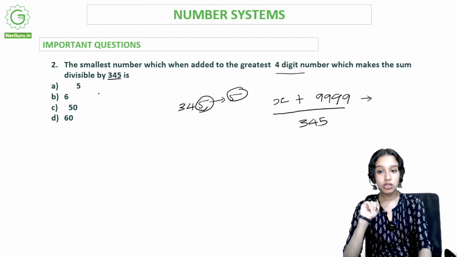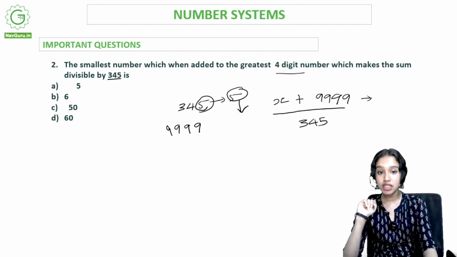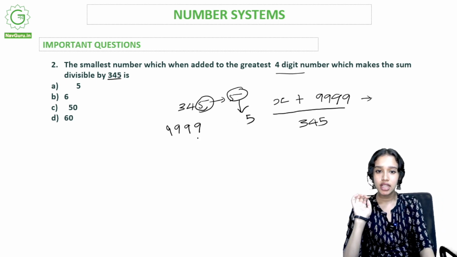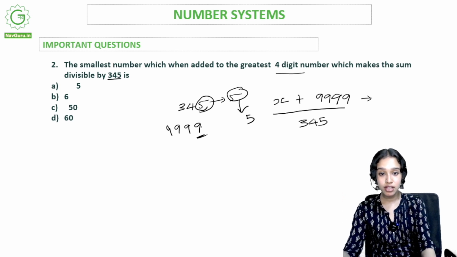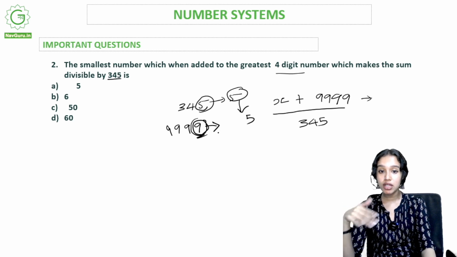So if a number is divisible by 345, it also means that it should be divisible by 5. So what are we going to do? We have 9999, and what is the property for a number to be divisible by 5? The last digit should be 5 or multiples of 5. So how would we make the last digit 5 or a multiple of 5?